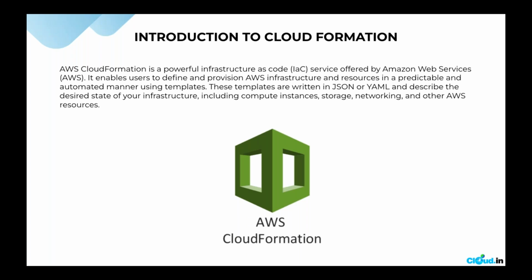The rollbacks concept in CloudFormation: there are built-in rollback capabilities that CloudFormation has. If a stack update fails by any chance, CloudFormation allows you to automatically roll back to the previous state to ensure that your infra remains in a consistent and functional state.